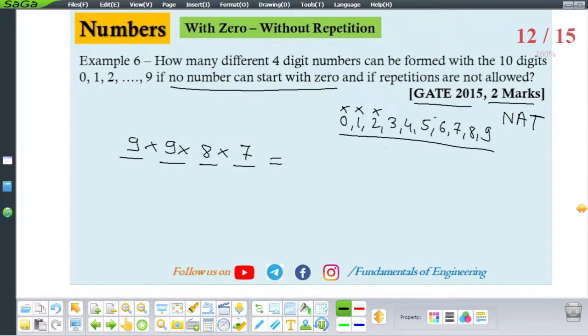This question came in GATE 2015 for 2 marks, which is a NAT type question. What is the answer? 9 cross 9 cross 8 cross 7. Write your answer in the chat box.